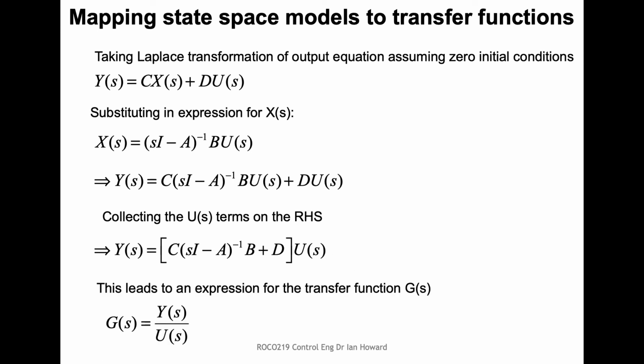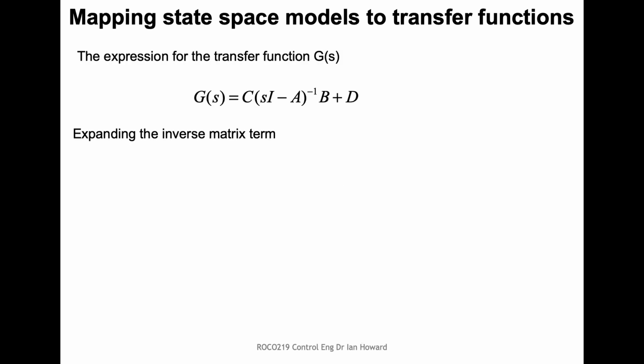And what we care about is output divided by input, so we divide both sides now by U(s), and we end up with the transfer function, which we get as C(sI minus A) inverse times B plus D. So if we start expanding the inverse matrix term, we are aware that the inverse of a matrix is given by the adjugate of the matrix, that's the fiddling around and moving around of elements, divided by the determinant.